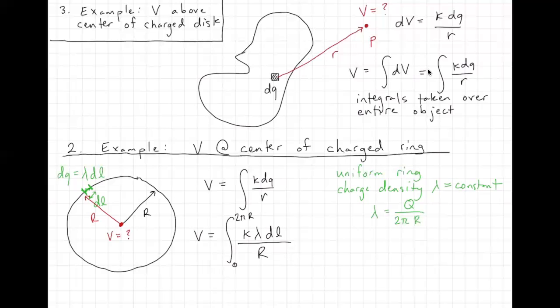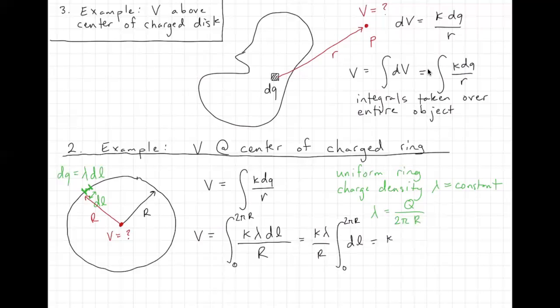And this means that I can pull a bunch of stuff out of this integral. k lambda over r, those are all constants. So this becomes k lambda over r integral 0 to 2 pi r dl. If I integrate dl around the entire ring, I just get 2 pi r, which is kind of nice.